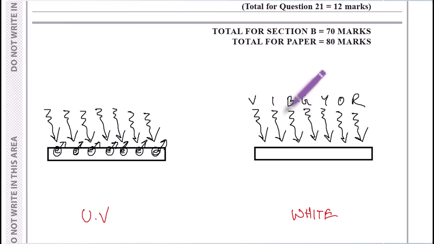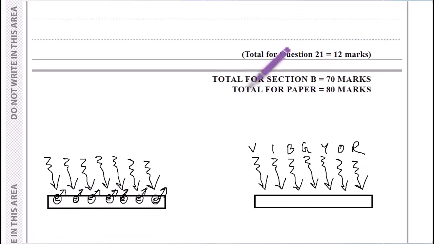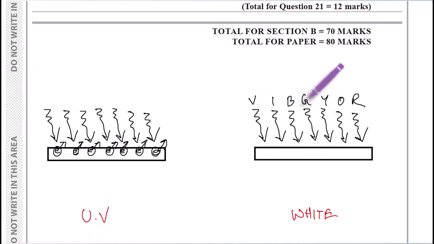But the question clearly specified that the threshold frequency was equal to the frequency of green light, meaning only green light and higher frequencies can cause photoelectric emission. So even though these other parts are arriving, they will not cause any emission. Only these parts will cause the emission of electrons.